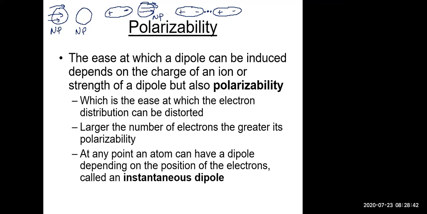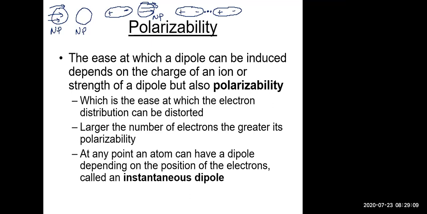So the greater the molar mass of, say, a nonpolar compound, the greater the chance that the electrons will move around. That's because when you have more molar mass, that usually means you have more elements. More elements means you have more electrons. More electrons means there's a greater chance that some of those electrons are going to fly around and end up on one side of the molecule versus the other.